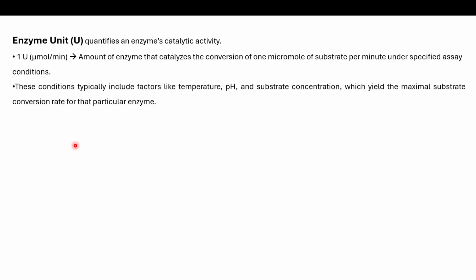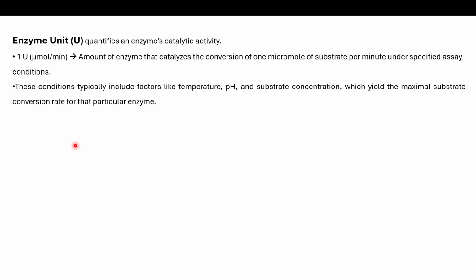Enzyme vials come from companies to the labs, or one can also purify them, because enzymes are basically proteins. So these enzymes can be purified, or they can be bought from the company.